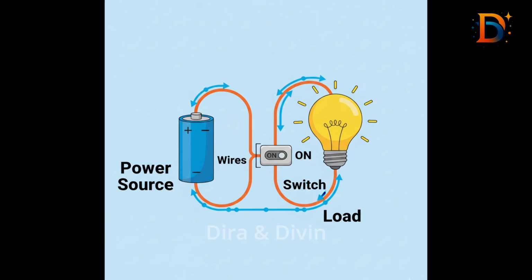This is the thing that uses the electricity, like a light bulb that lights up or a motor that spins. Switch. This is like a tiny drawbridge. It can open or close the circuit to start or stop the flow of electricity. When all these parts are connected correctly, you have a working circuit.